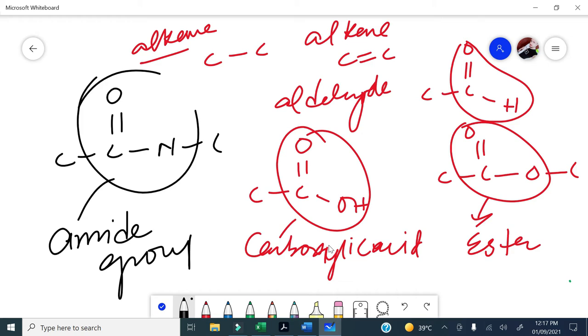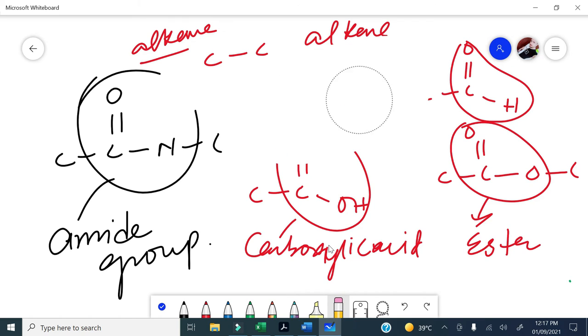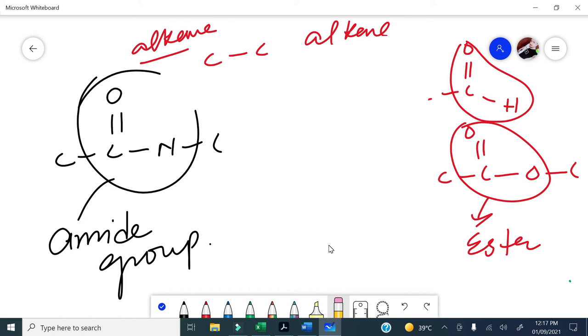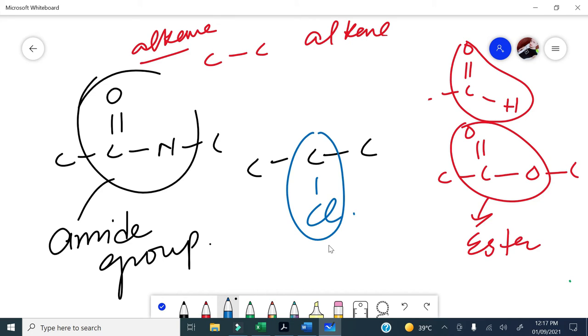Okay, these are all functional groups and homologous series also. So they're giving specific properties, and one is still left. Let me write that: halogenoalkanes. C with C and C, and you find one halogen connected to it. So this is the halogenoalkane.